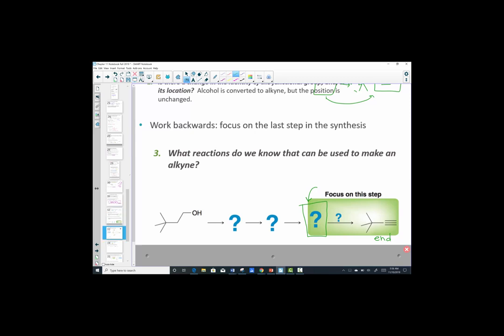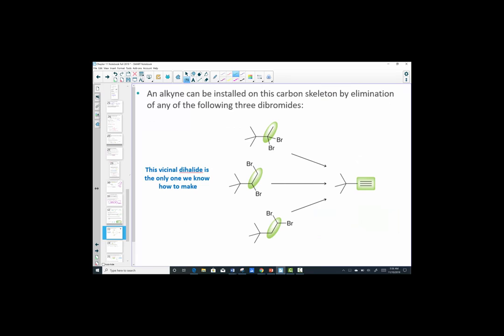Well, let's share some of those things that we've learned. We know that to create a triple bond, we have to do an elimination, right? A minus HBr, for instance. And to do so, we need to have some bromine or chlorine, but bromine is the easiest to put across the bonds in the most controllable way. And the vicinal dihalide is the only way we really know how to make a triple bond.